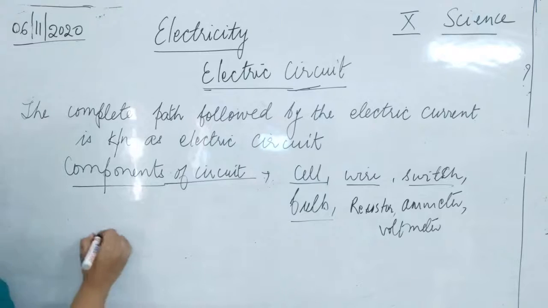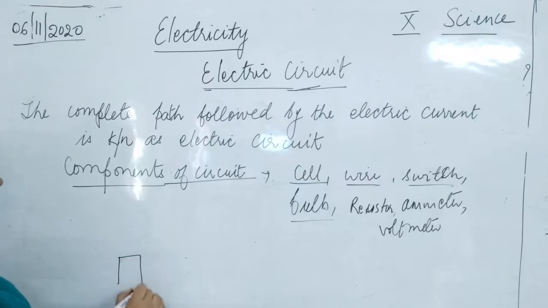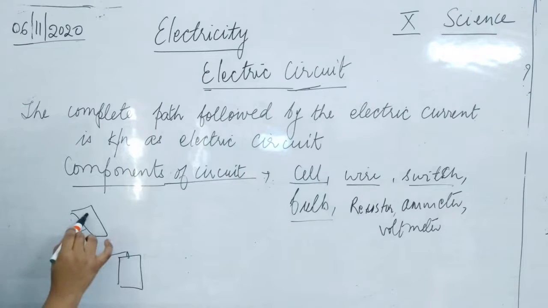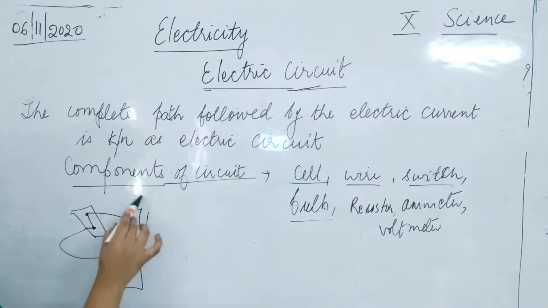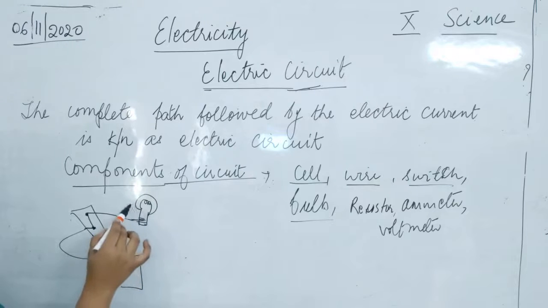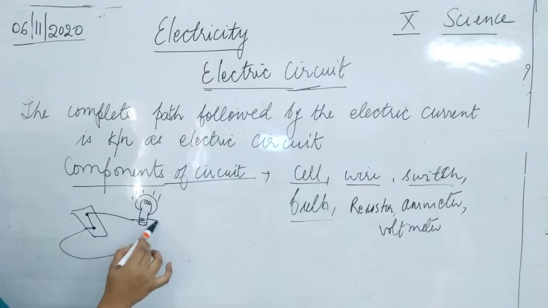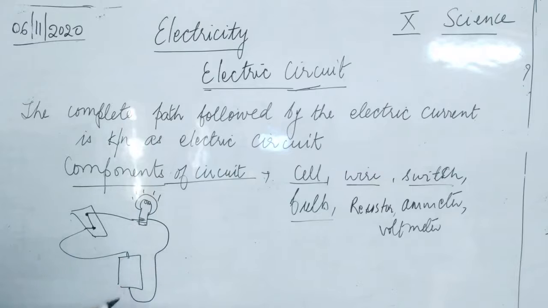So for this we can have a battery, then we can have a switch, then we can have a bulb. This is the positive and this is the negative terminal.